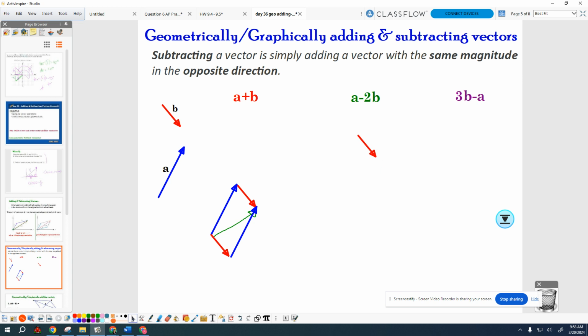Drag it. And then A minus that, so it's A. Okay.